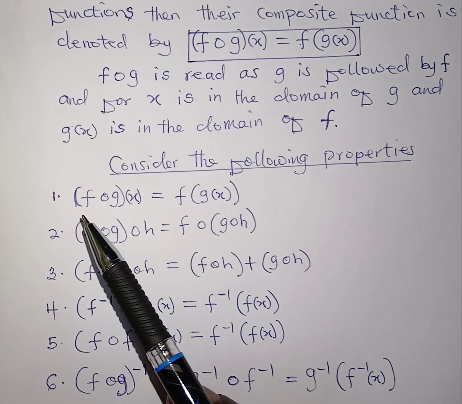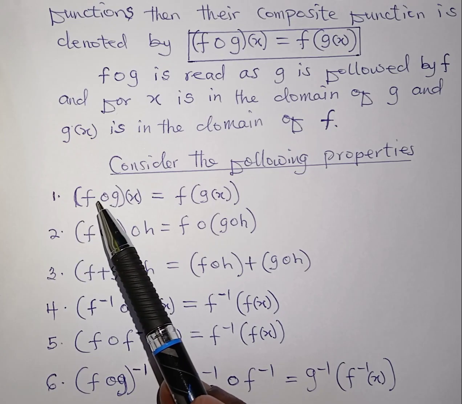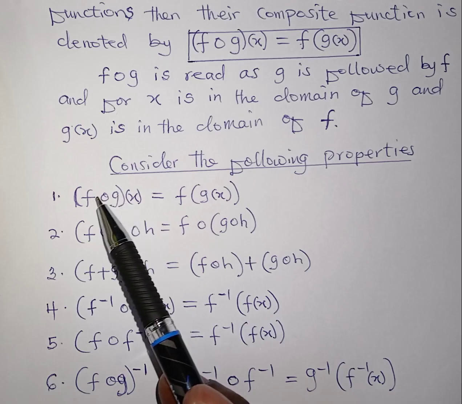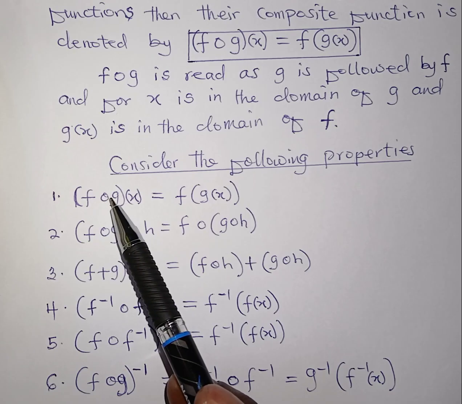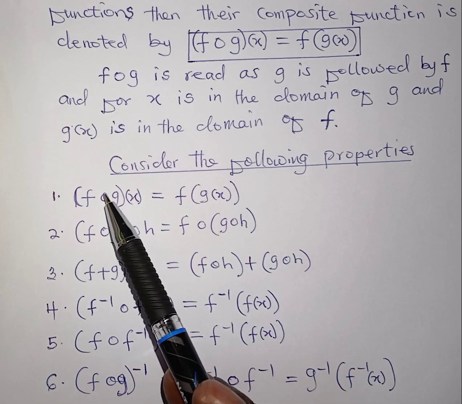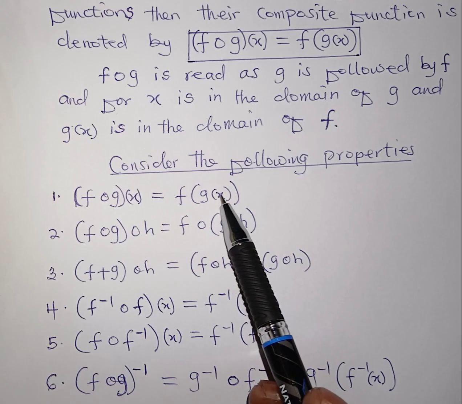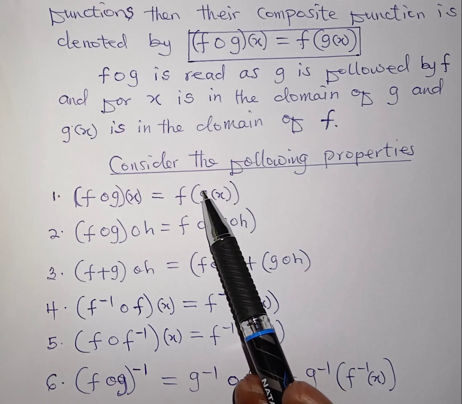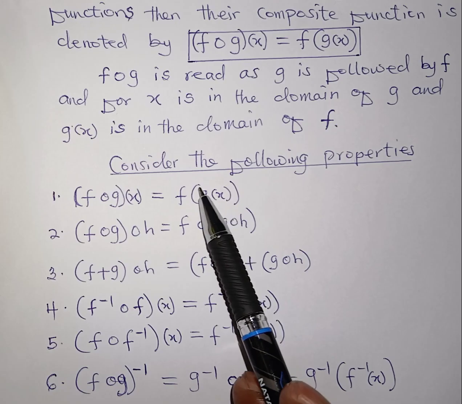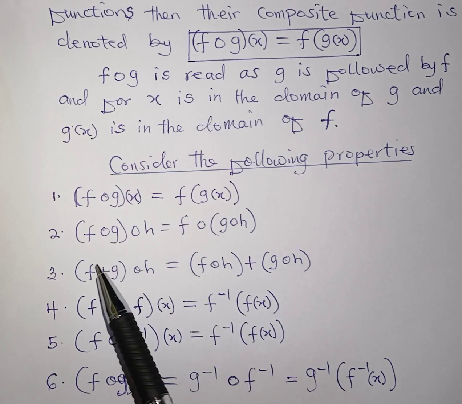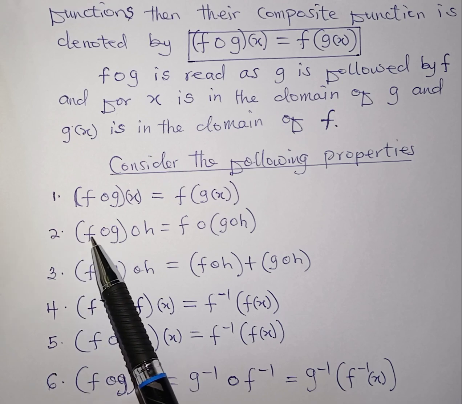Let's take them one after the other. In property 1, we are saying that f∘g, that is f following g, or g followed by f, is how we write it. It means that the domain of g of x should be in the domain of f.